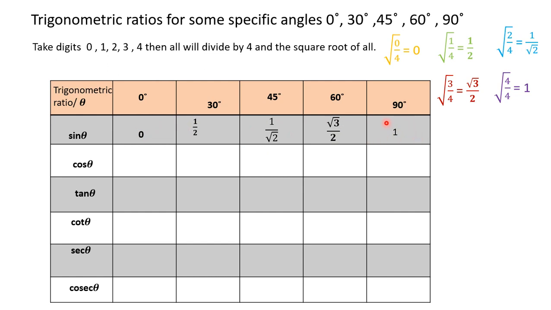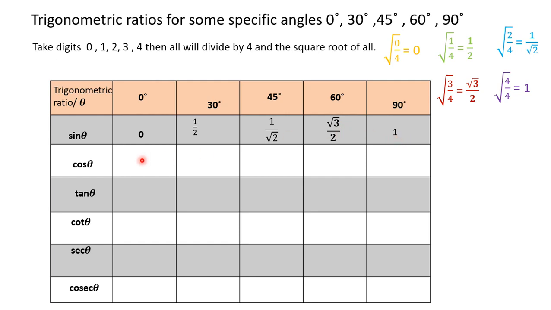Now this is very important for remembering all the values in this table. So we have to learn this: sin 0 degree is 0, sin 30 degree is 1 by 2, sin 45 degree is 1 by root 2, sin 60 degree is root 3 by 2 and sin 90 degree is 1. Then for finding the cos theta values, we write the values of sin theta in reverse order.